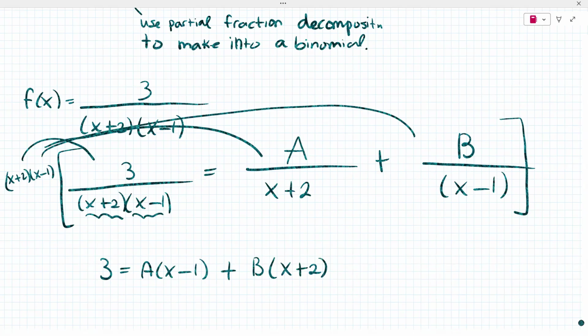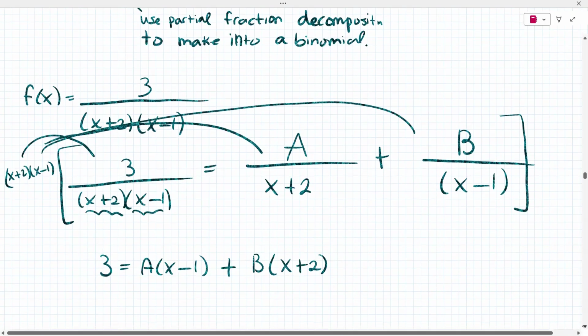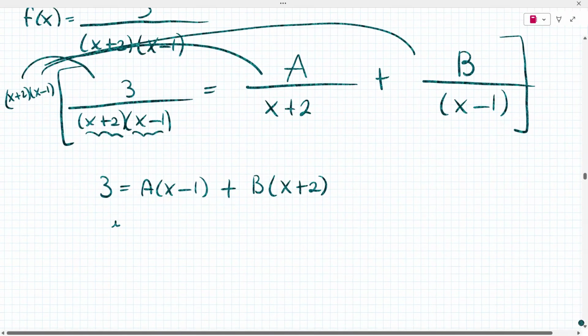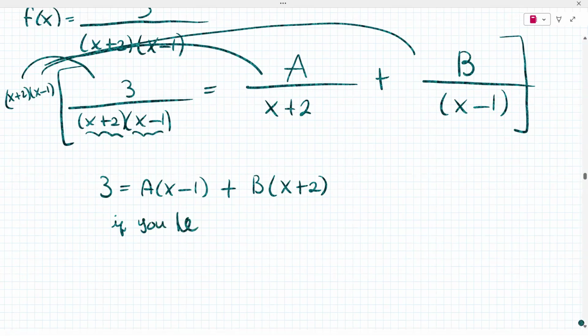Now what if you let x equals negative 2? So you get 3 equals a, and then replace x with negative 2, so that's negative 2 minus 1, and then negative 2 plus 2.